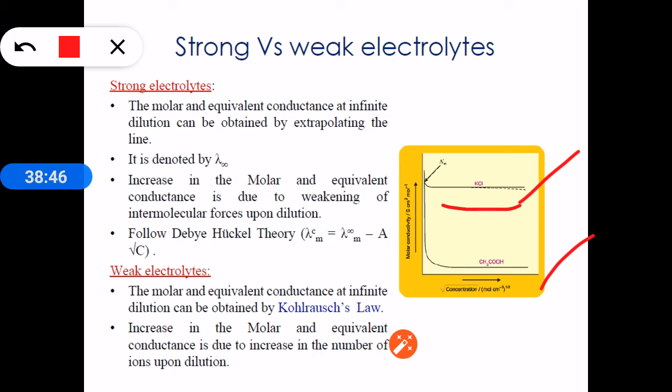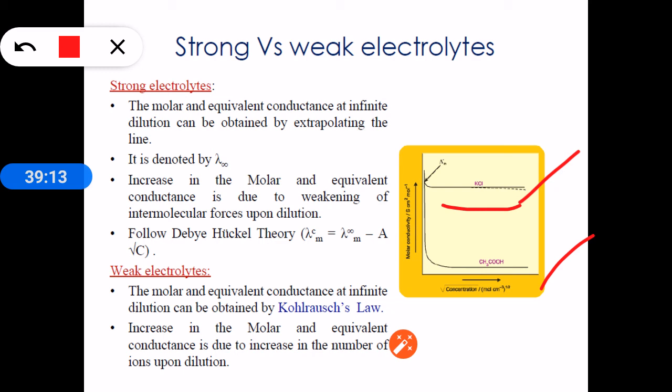This concept of 100% ionization at ordinary concentrations is not proposed by Arrhenius theory. The reason for this slight increase in the conductance of strong electrolytes on dilution is not explained by Arrhenius theory.